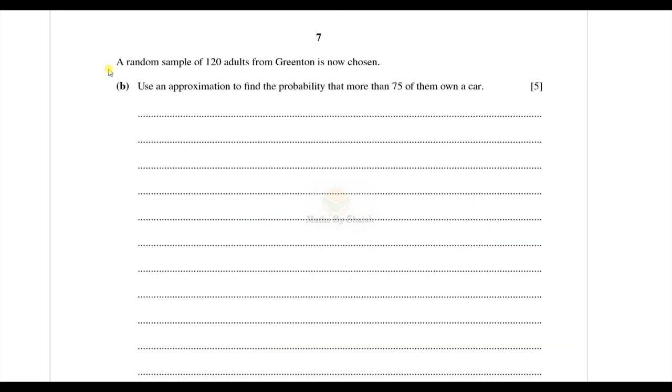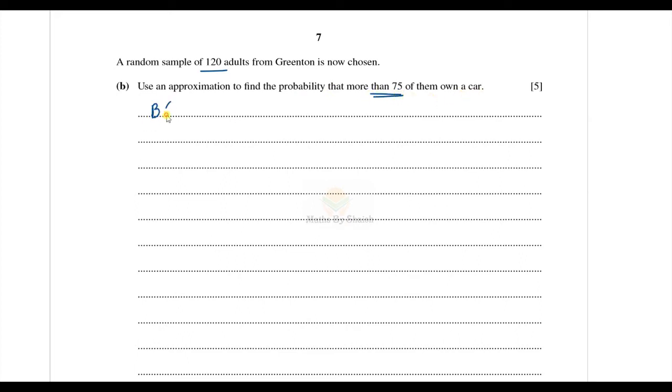In part B, it is given that a random sample of 120 adults, which is more, so we'll be taking the approximation, and they have also given that use an approximation to find the probability that more than 75 of them own a car.